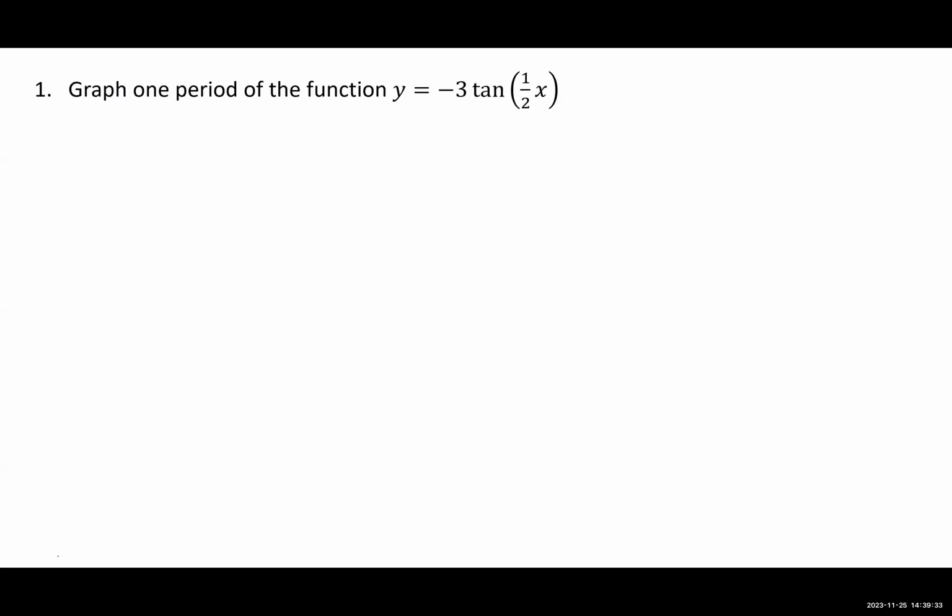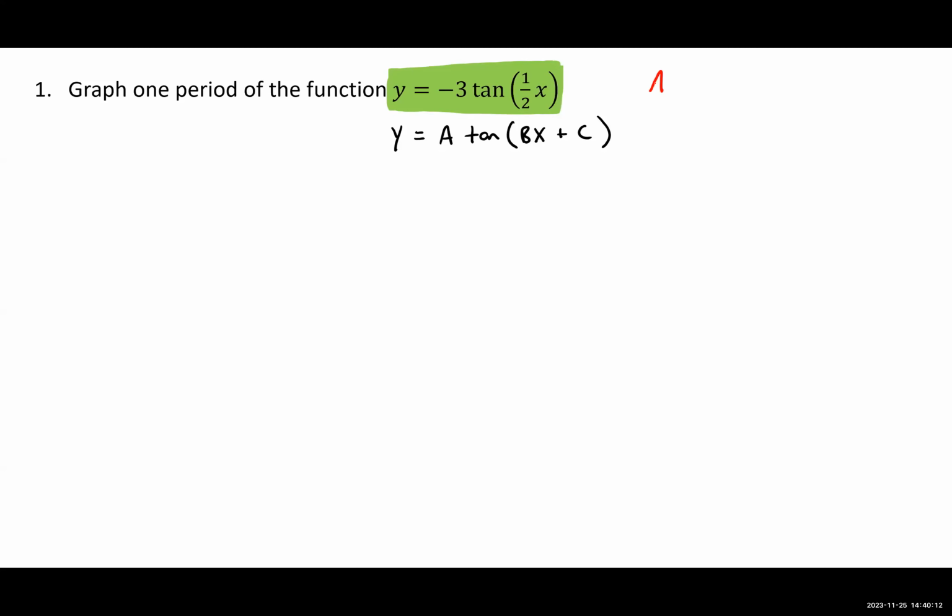Okay, so let's look at this function. y is equal to negative 3 times the tangent of 1/2 x. Now, if we compare this to that model, y is equal to a times the tangent of b times x plus c, what are the values of a, b, and c in this problem?